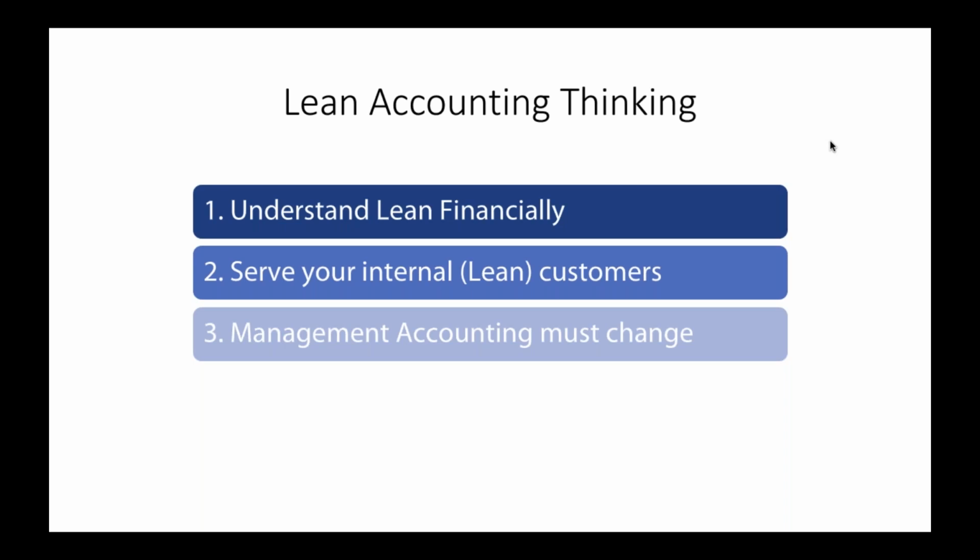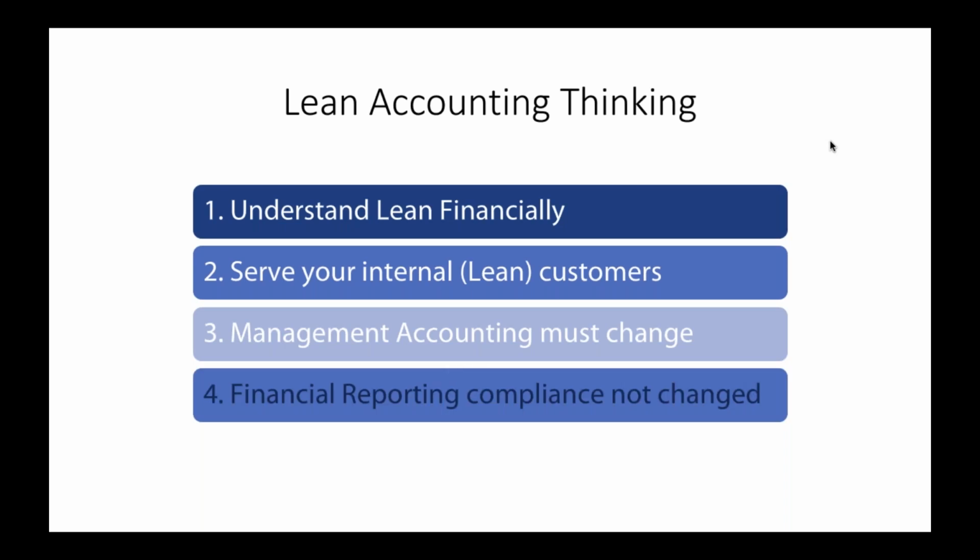So this is a transformation of management accounting. The accounting function must lead this transformation. And finally, the creation of a lean management accounting system in no way compromises financial reporting and GAAP compliance.